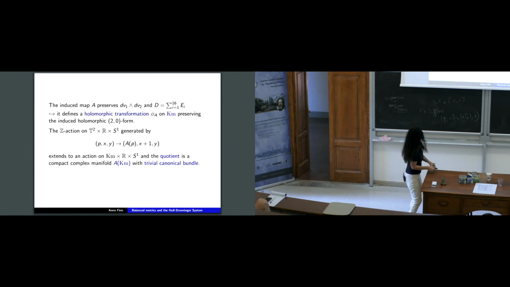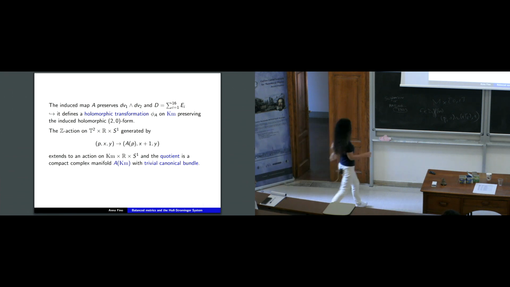Good. What do we have about the holomorphic (2,0)-form? The map preserves dz1 wedge dz2, and if you denote the sum of the exceptional divisors, we have a holomorphic transformation on the Kummer surface, so it preserves the complex structure, that's good, and preserves the holomorphic (2,0)-form by construction.